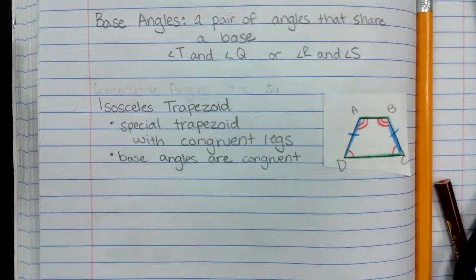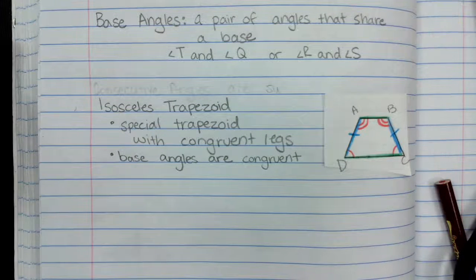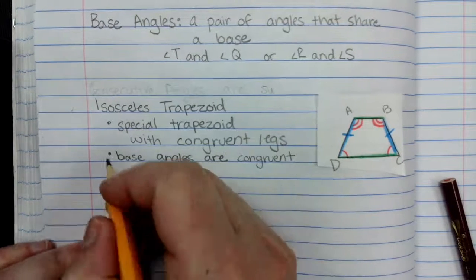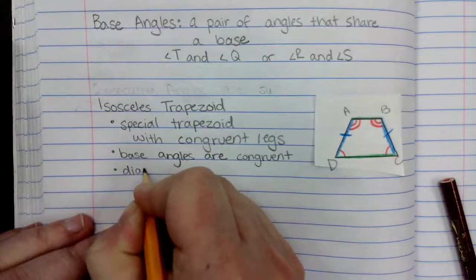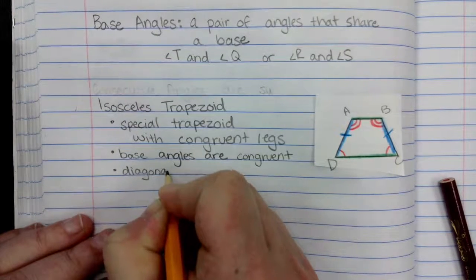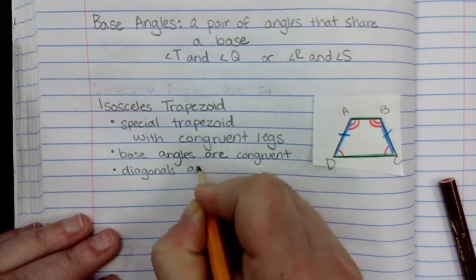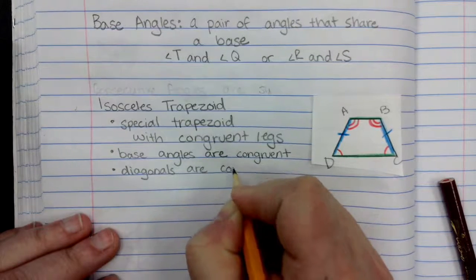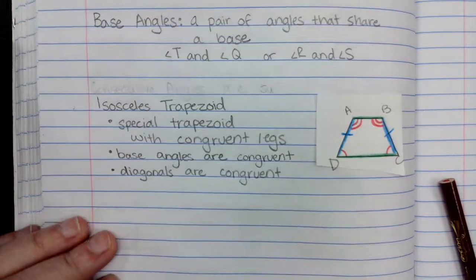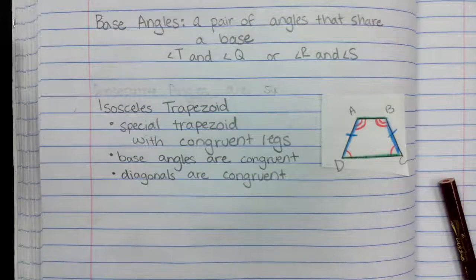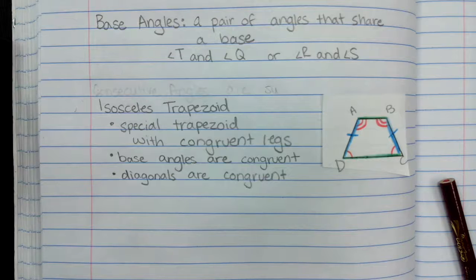All right, last thing we know about isosceles trapezoids is that the diagonals are congruent.